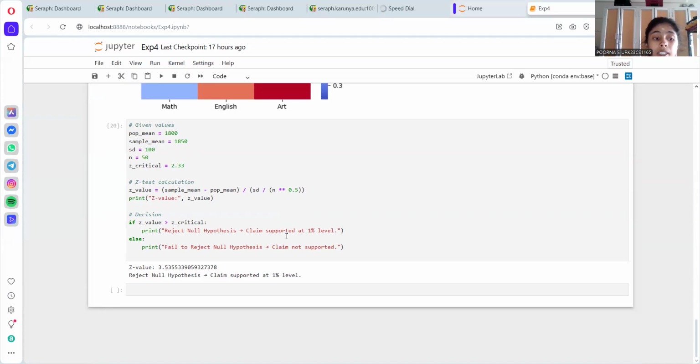If the z value is greater than 2.33, we will reject the null hypothesis and the claim at the 1% level. Then it will store the result as reject H0 or fail, claim not supported. So here we have the z value, and here we reject the hypothesis, as the claim is not supported at the 1% level. Thank you.